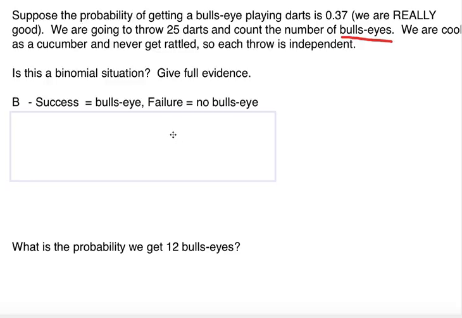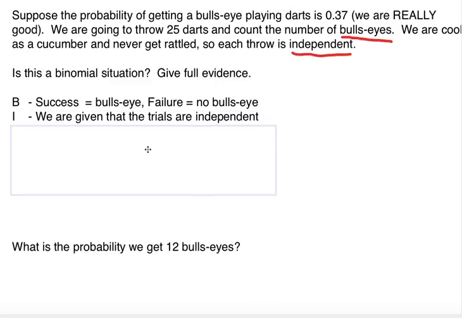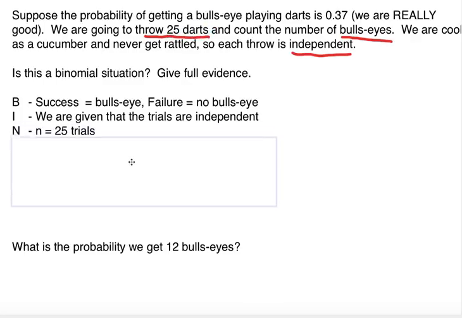So B checks out. I in BINS is for independent, and we were told they're independent, so that checks out. N is for the number of trials. Were we told how many times we're going to throw the darts? Yep, it says we're throwing 25 times, so N is a set number of trials. And then S in BINS stands for the probability of success.